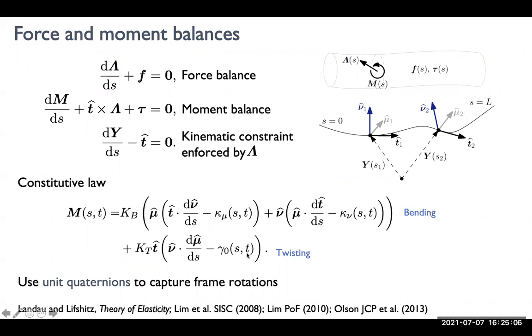These are preferred conditions, so you could set your filament to relax to a non-straight configuration. But in everything I'm going to discuss today, those will all be zero. So all of our filaments will relax to something straight. One of the ways we handle keeping track of how this frame varies as you move along the length and in time as well is to use unit quaternions to capture their rotations.